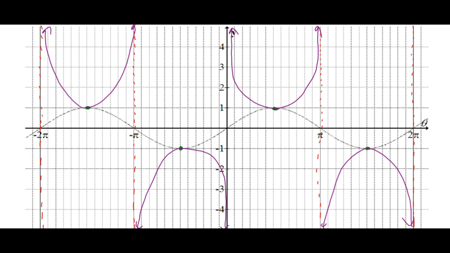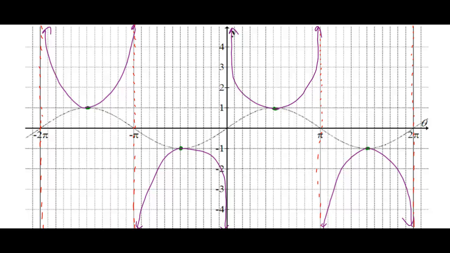Okay, so that's the reciprocal of sine, which is cosecant. So that's what the cosecant function looks like. Any questions here? Nope.